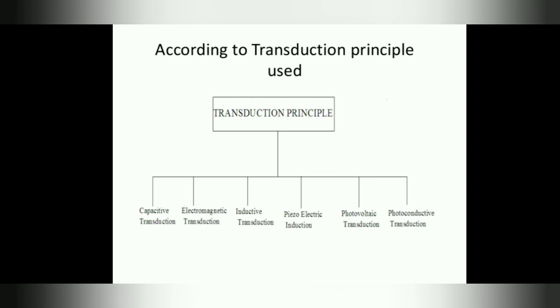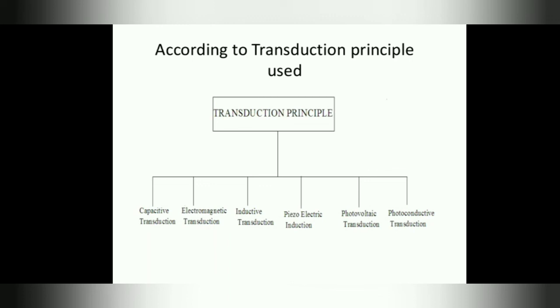Then the next one is classification according to the transduction principle used. What is the principle used in transduction? Either it is based on capacitive transduction, or electromagnetic transduction, or inductive transduction, piezoelectric effect, or photovoltaic transduction, or photoconductive transduction.